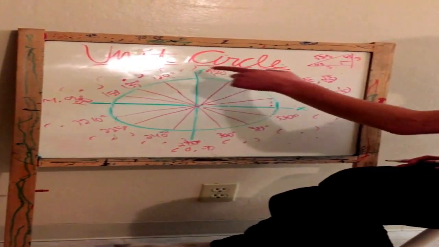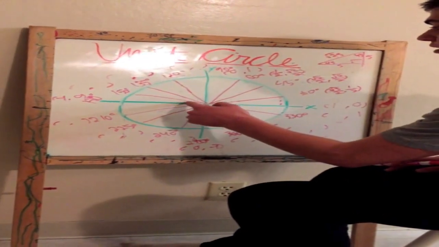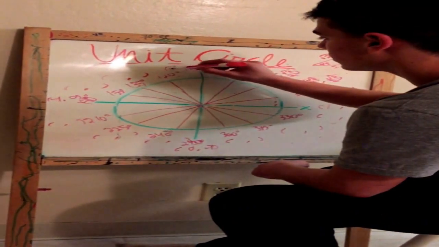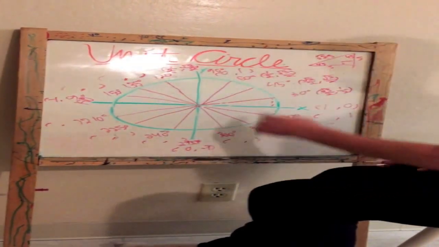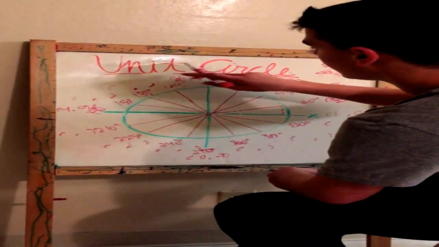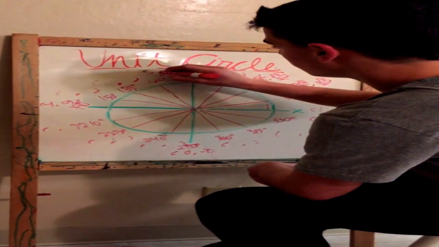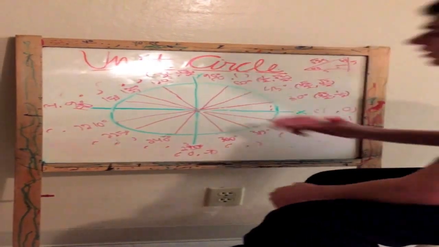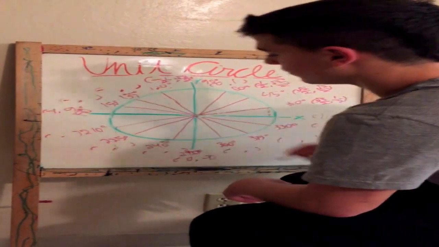So continuing this pattern, this would be over 1/2 and up root 3 over 2. That's continuing this trend. Also this is negative now, because we're in the second quadrant, so all the x values are going to be negative.